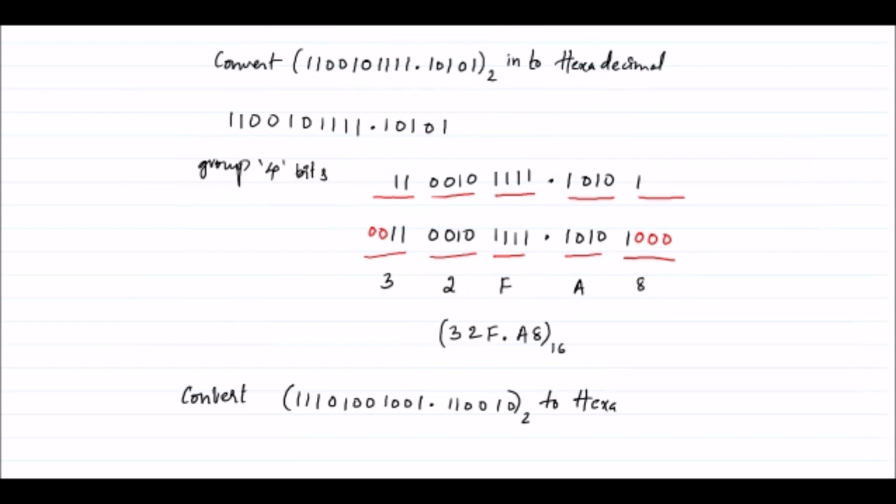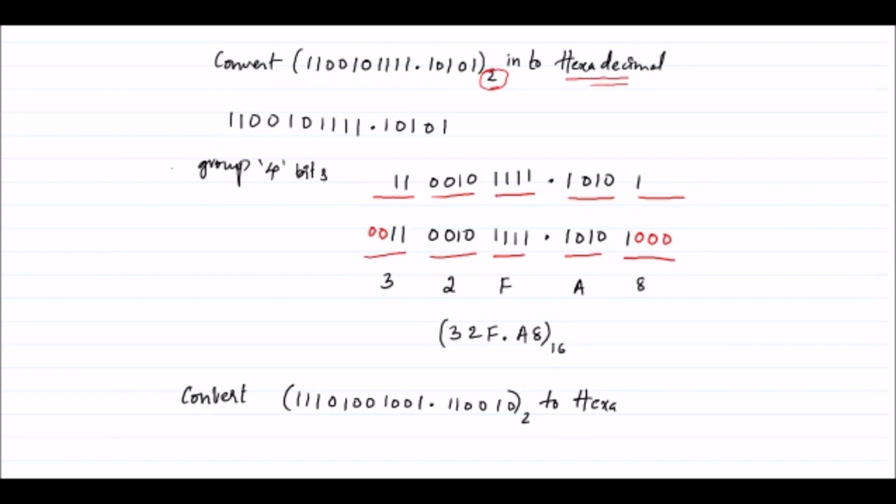So we have another example. The example is converting 11001111.10101 base 2. This is a binary value and it has to be converted into hexadecimal.